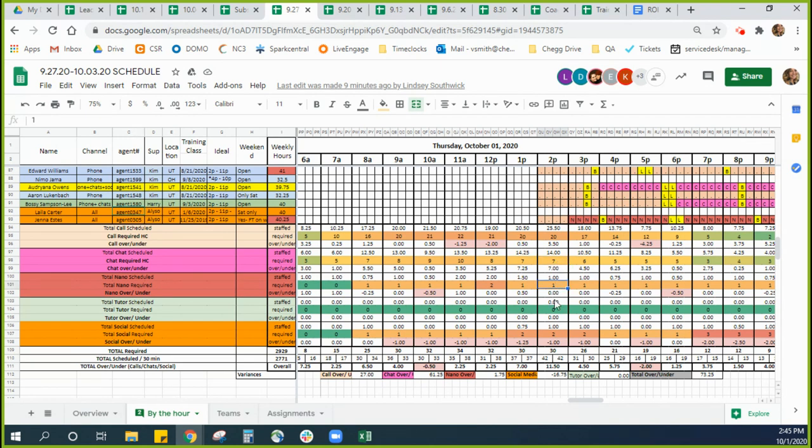Same thing here. Technically, we need 2 in social and 1 on nano, but you'll probably find there's only 10 in social queue versus 80 in nano queue. So totally flip the numbers. And if you're actually overstaffed on calls and chats, but nano has 80 in queue, let's move any resources from calls, chats, or social to help whatever channel is in queue.